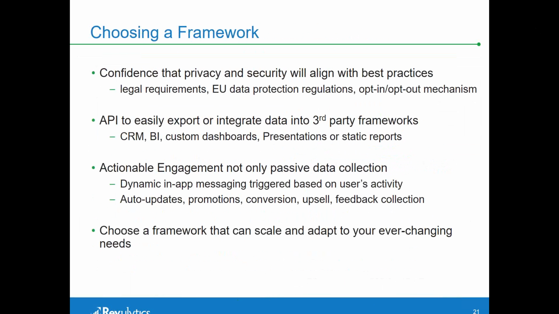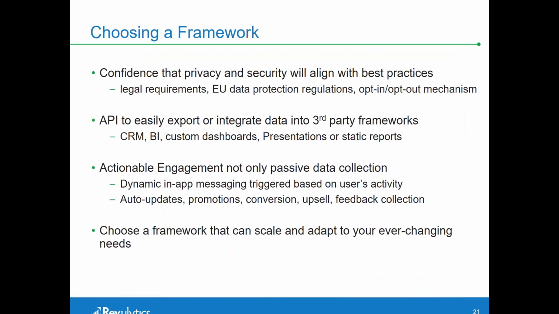So, even when you're choosing a framework, if you decide to go for a ready-made framework, make sure it has an API that allows you to pull data out of that framework. And something else that I mentioned an example earlier is in-app messages. So having the ability to take action on the data, not simply just collect data passively.